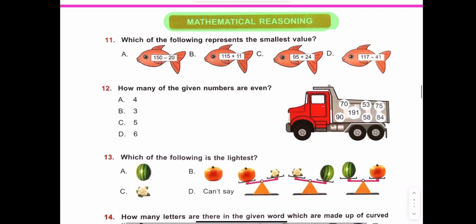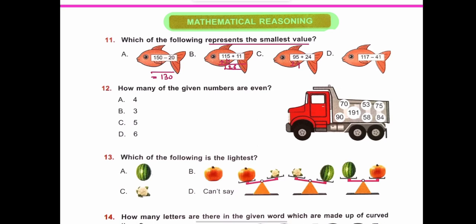Next, we have the mathematical reasoning section. In this question 11, which of the following represents the smallest value? These are the given subtraction and addition values. Just calculate it. First it will be 130. Second, we should add it like this, so it will be 126.